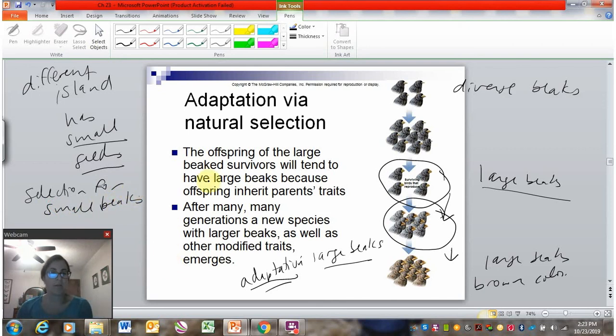And so what we see in places like the Galapagos, in island chains like the Galapagos, so you have an island here, an island here, an island here, an island here. You have your mainland that the birds all went to the islands from. Each island, depending on its food source, ends up with a unique type of bird.